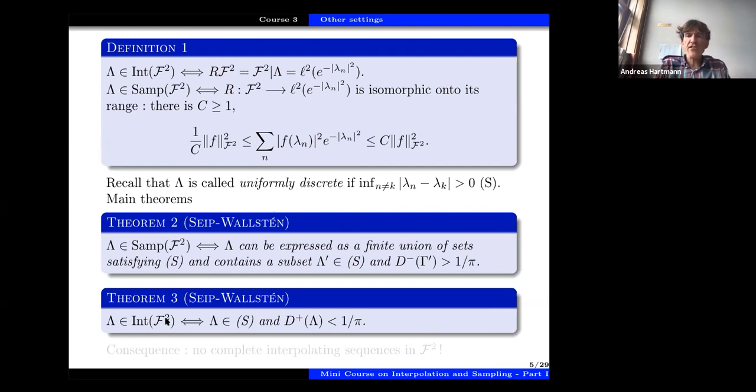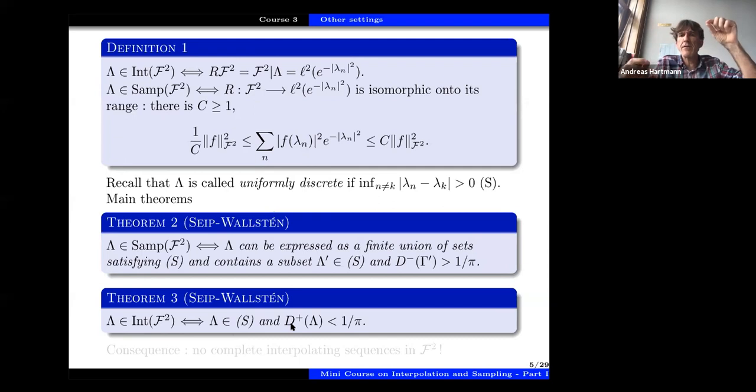Similarly, for interpolation, the characterization is that the sequence should be separated, and the argument for separation is a little bit like the arguments that I gave before in the Hardy space. Again, you interpolate the weighted one in one point and zeros in the other points, and then you can use separation. You cannot go in a very small time from the value 1 to the value 0.